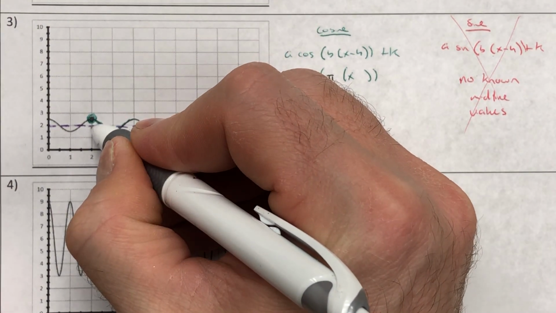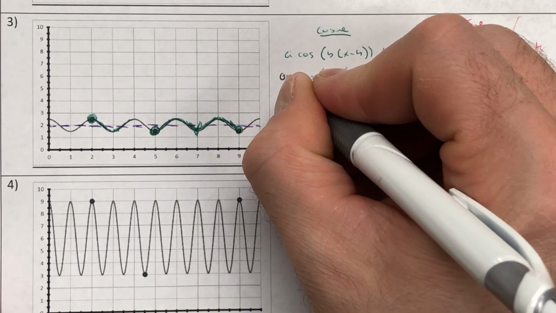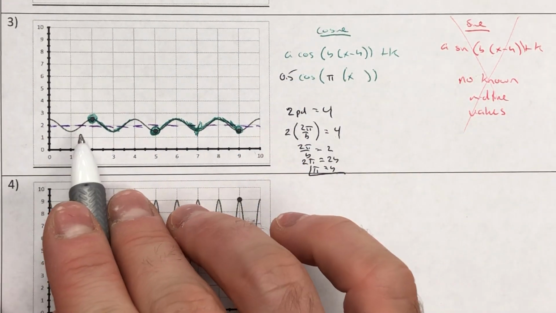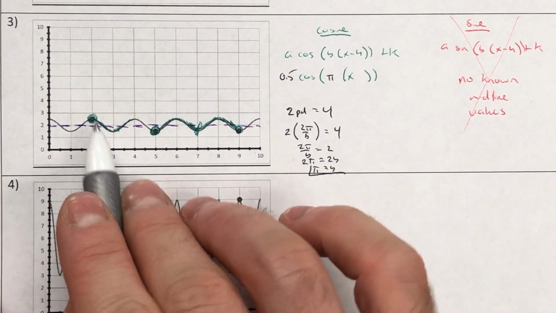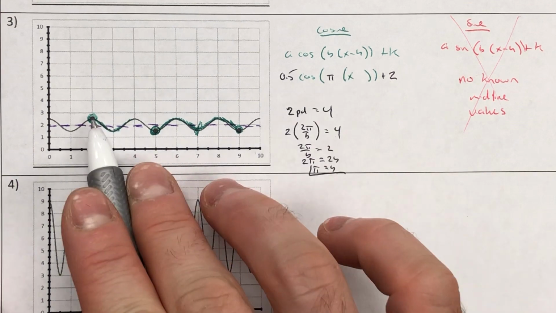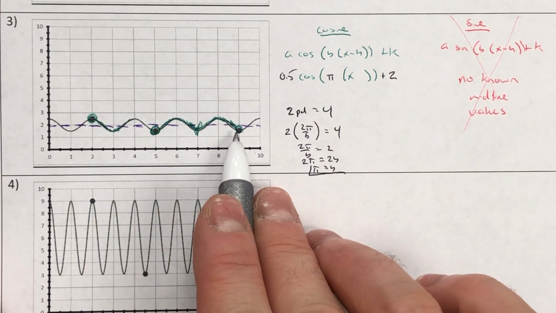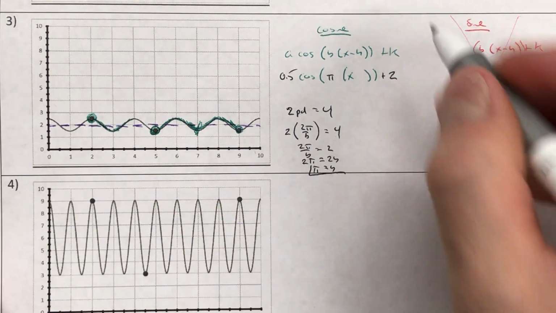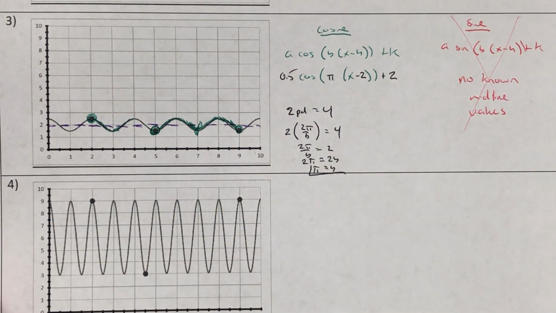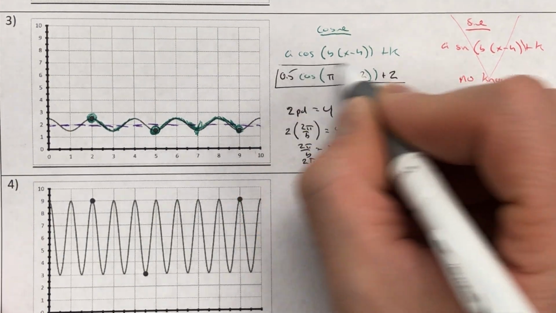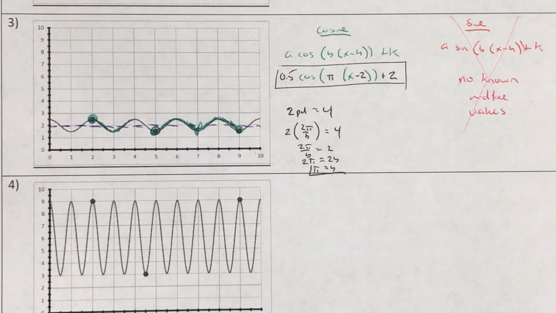It looks like from 2 to 2.5, so 0.5 as far as the amplitude. And because the midline is uniform throughout, they're all going to be moved up by 2 units. The only difference between this, and this equation is going to be my h. So in this case, if I start with my first one, my h is going to be a 2. So minus 2, and we got that. Boom. There we go.